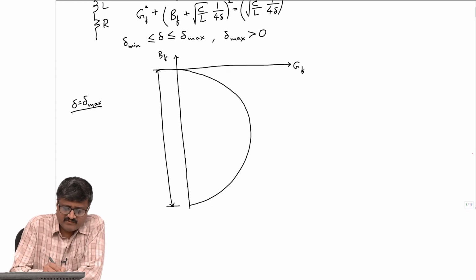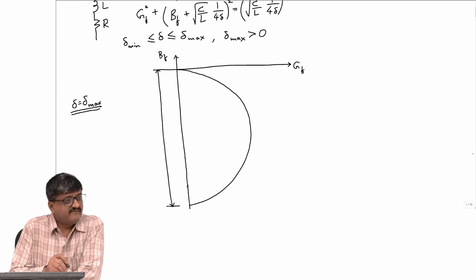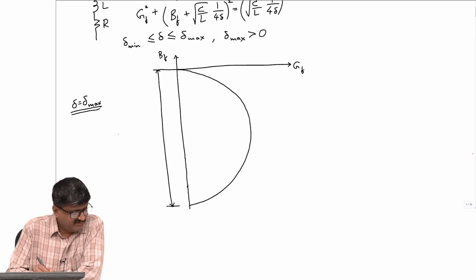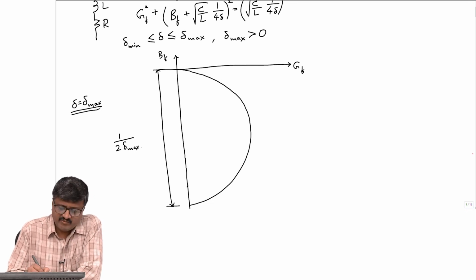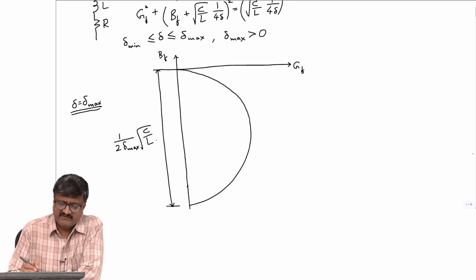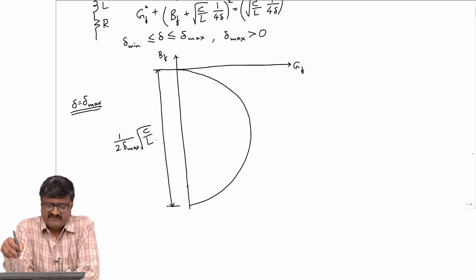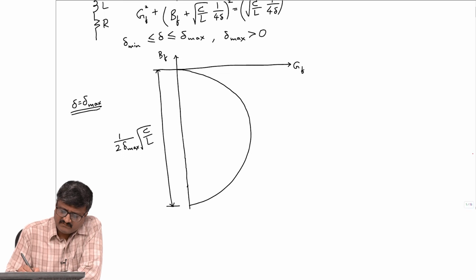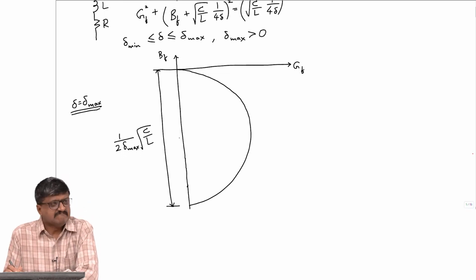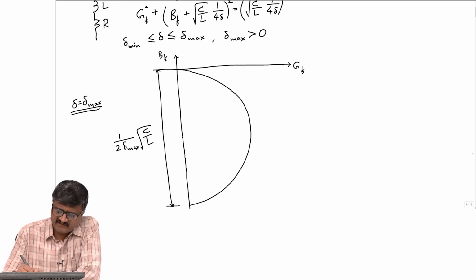Please note I am considering one particular value of delta, which is delta max. So, the diameter is 1 by 2 delta max times under root C by L. The radius is root C by L times 1 by 4 delta max. The center of the circle is somewhere here.